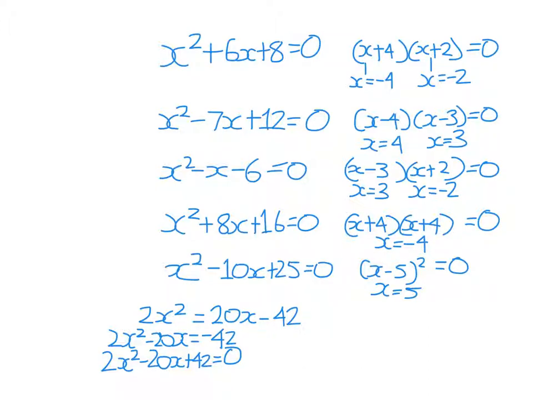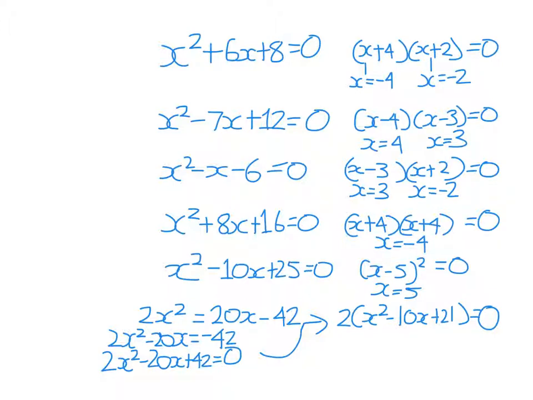So no different now. I'm just going to factorize the quadratic expression here. So there's a common factor of 2, so I'll take that out, and I'm left with x squared minus 10x plus 21 is equal to 0. So as I mentioned in a previous example, if you have a number at the front, it doesn't affect the solution. So I can just solve for this equaling 0. So I'm just going to factorize this trinomial.